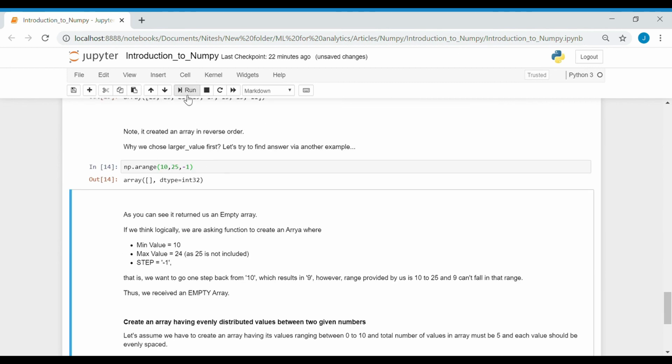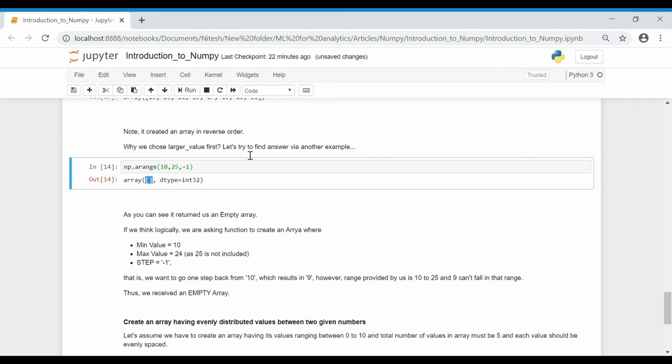Well, you can see we got nothing over here. The reason for that is simple. The smallest value is 10 and we are going to the max value of 25. That is a sequence from 10 to 25. However, we are providing a step value of -1. So we cannot go below 10 over here. That is why we get an empty array.